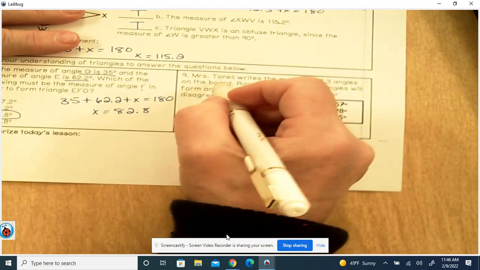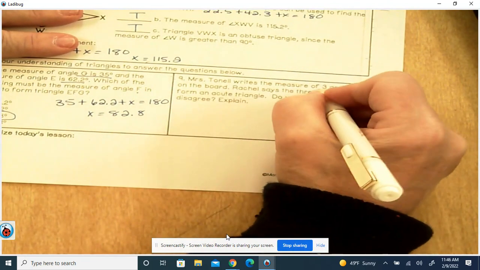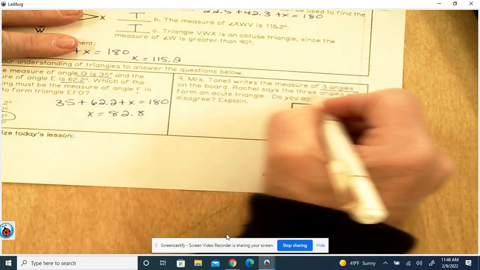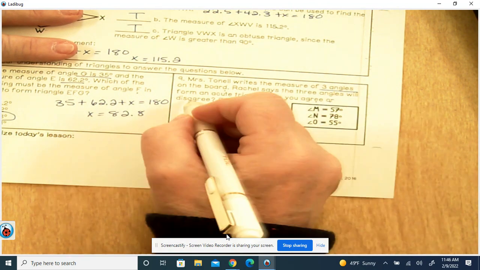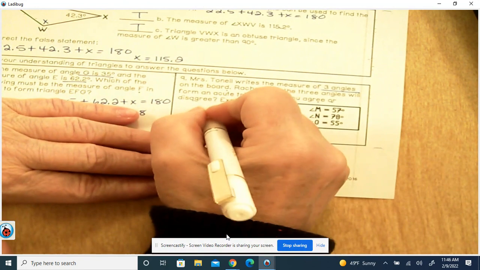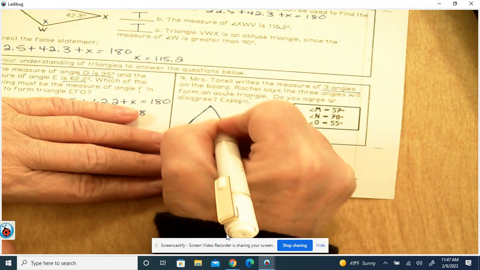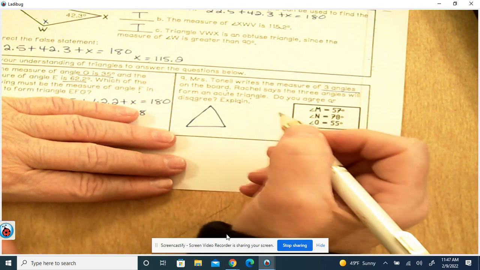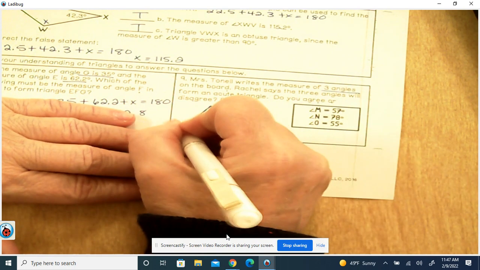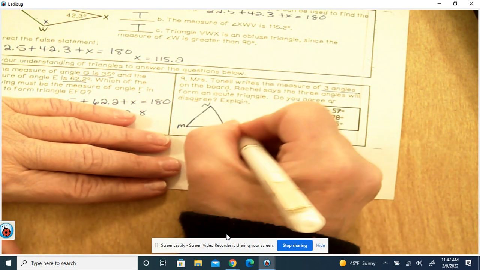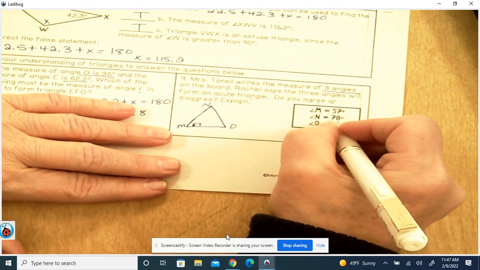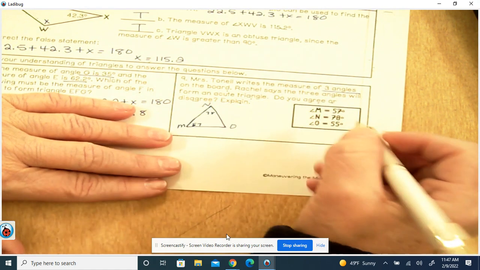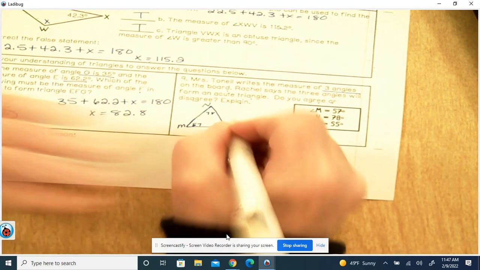Over here, Miss Tonelli writes the measures of three angles on the board. Rachel says the three angles will form an acute triangle. Do you agree or disagree? And then explain. So we've got angles M, N, and O. M is 57. N is 78. And O is 55.